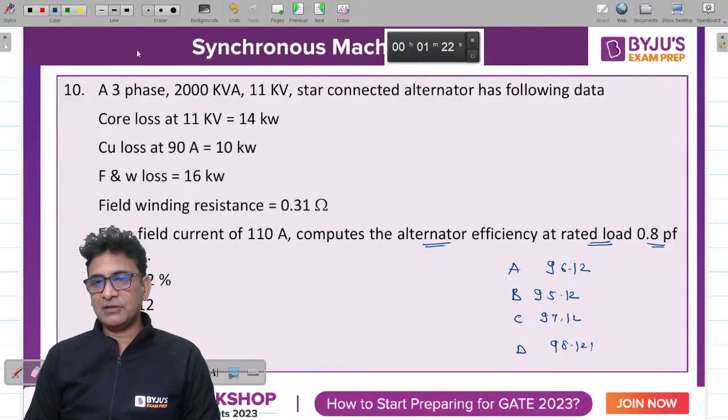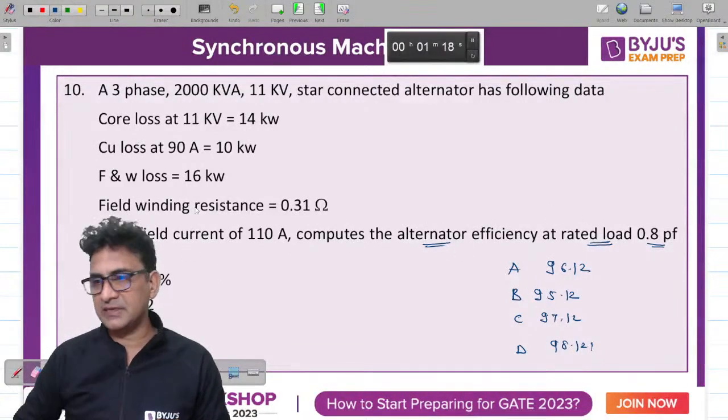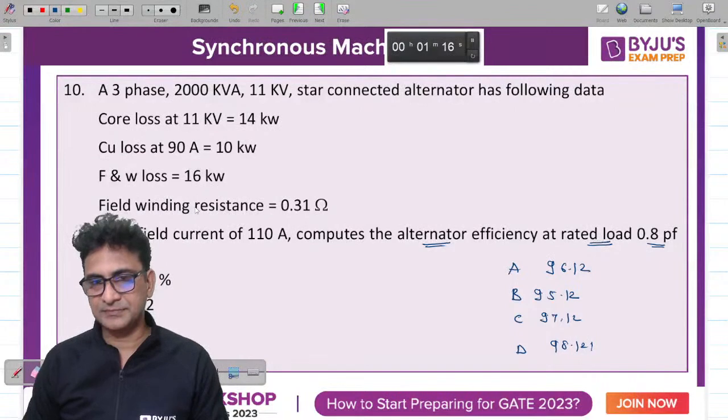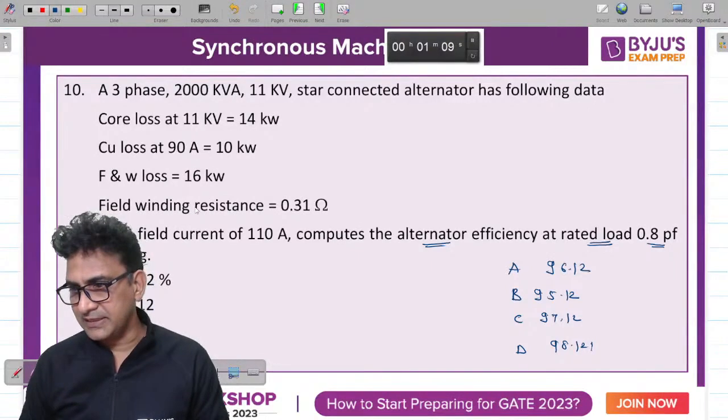You have to find all losses when rated current is flowing and the current in the field winding is 110 ampere. So the current in the field winding is 110 ampere and the current in the armature winding is the rated current.